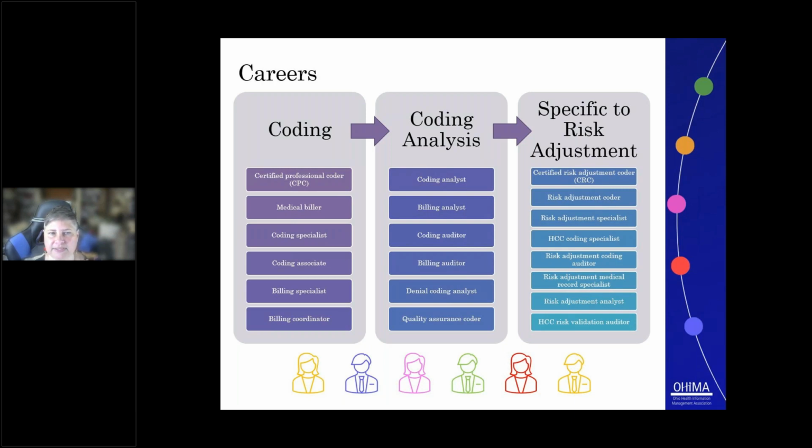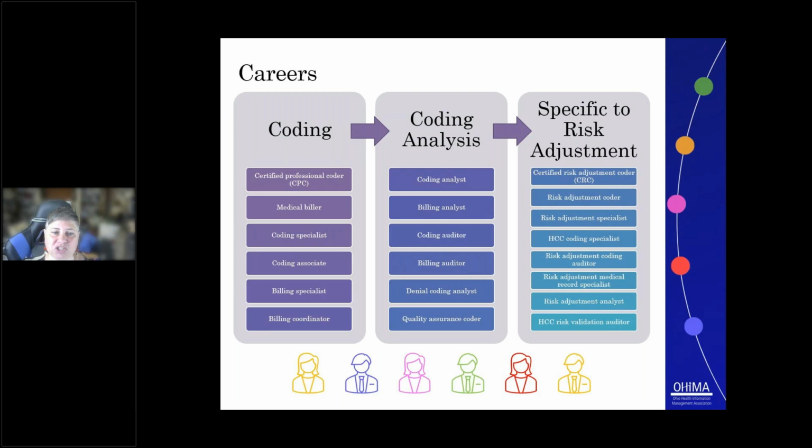There are also careers specific to risk adjustment for HIM professionals, and some examples are listed in the 3rd column all the way to the right. Some will have risk adjustment in the title, such as risk adjustment coder or risk adjustment coding auditor. However, some titles may be specific to a risk adjustment model, such as HCC coding specialist or HCC risk validation auditor.